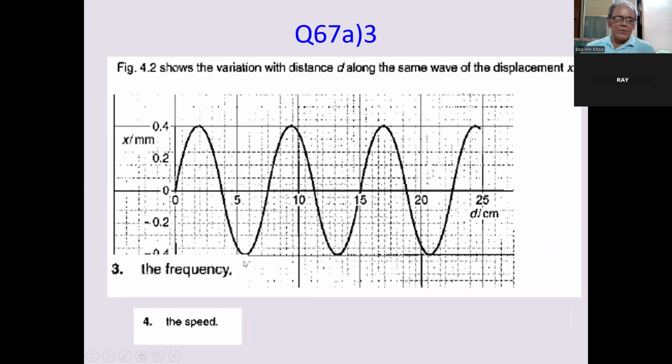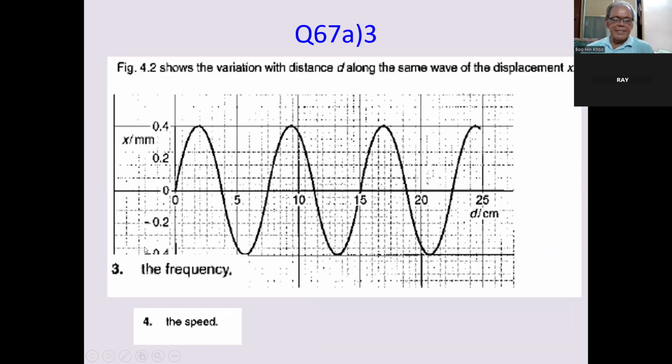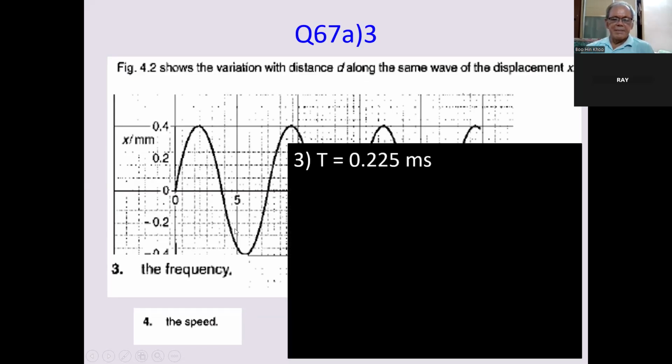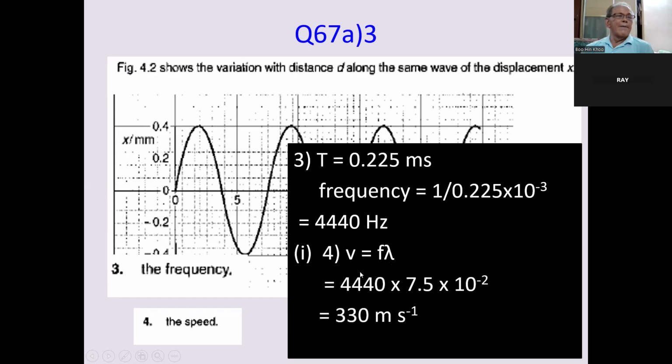Frequency, you have to use the previous graph from here. Find the period. That's the period, and frequency is one over the period. Speed is frequency times wavelength.